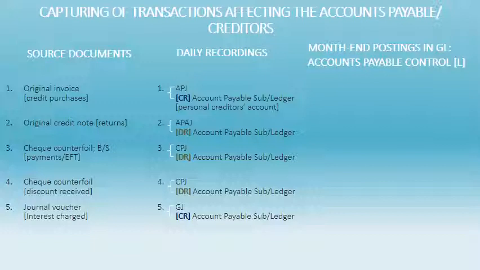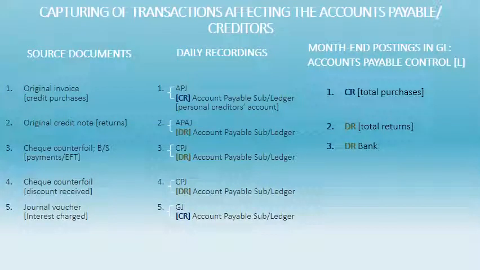At the end of the month, these journals were closed off and posted to the control account in the general ledger as follows. The control account was credited with total purchases posted from the APJ. The accounts payable control was debited with the total returns posted from the APAJ.